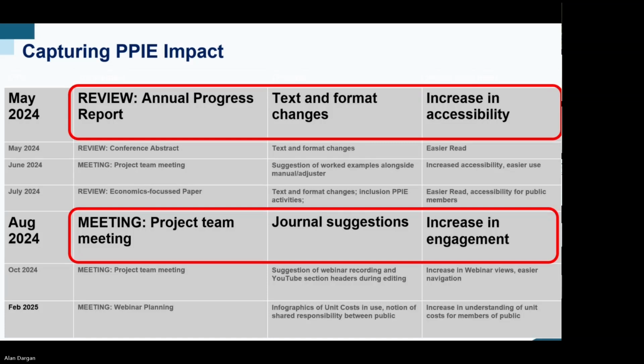So we note each activity where our research advisors have made their suggestions and contributions, and what this actually means in terms of improvements for us as a programme. All this demonstrates the impact of our PPIE team on the programme of work.